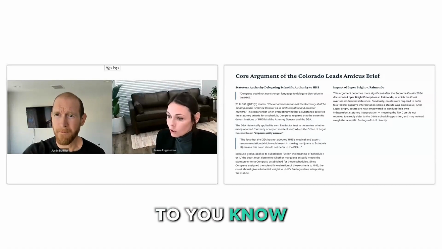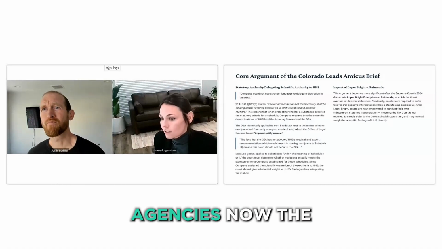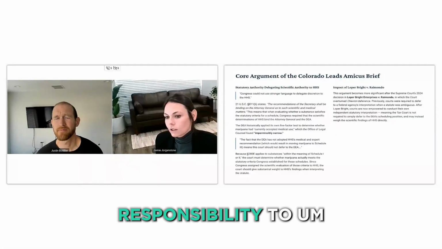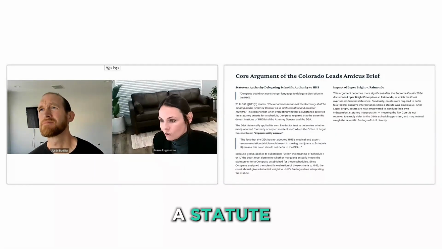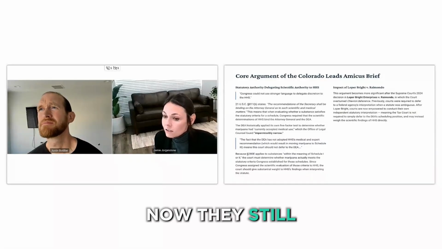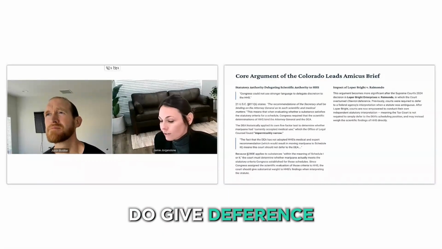So they used to defer to the agencies. Now the courts have a responsibility to find that single best meaning of a statute. They have to determine what that is. Now they still do give deference to agencies, right?